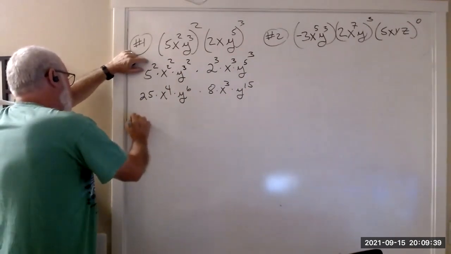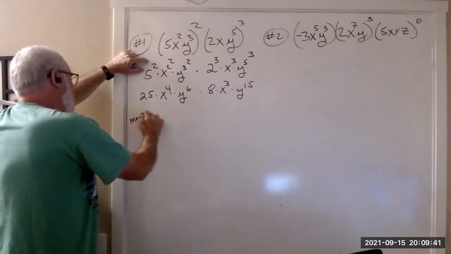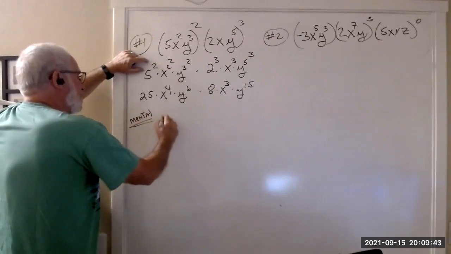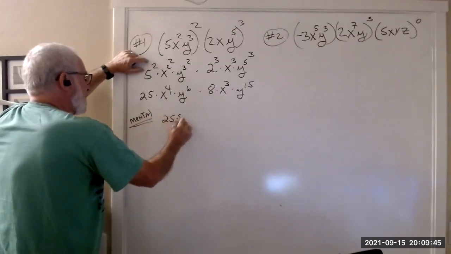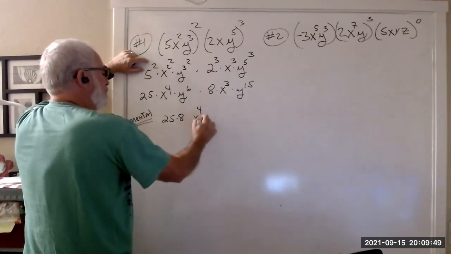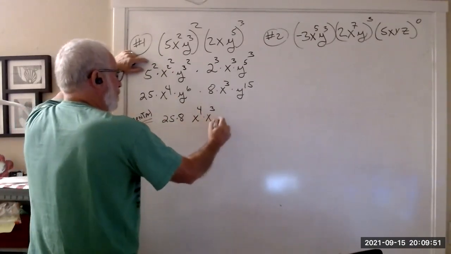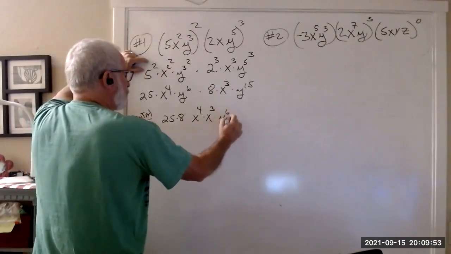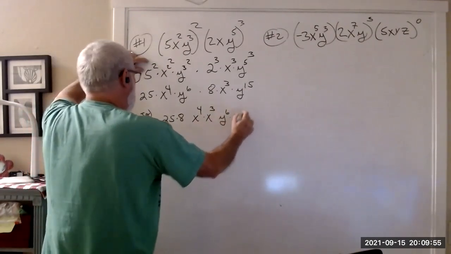Regroup. Again, I'm going to do this mentally. 25 times 8, number with number, x to the 4 times x to the third, y to the 6 times y to the 15.